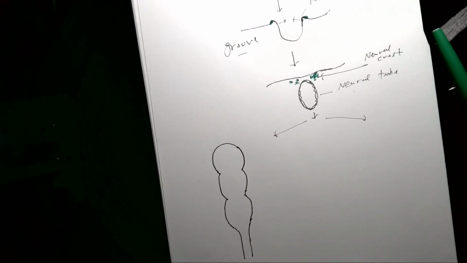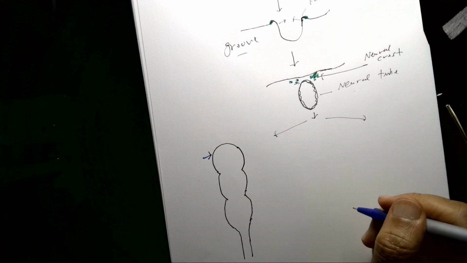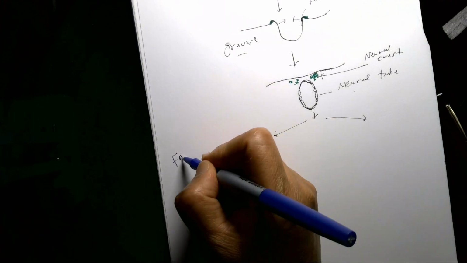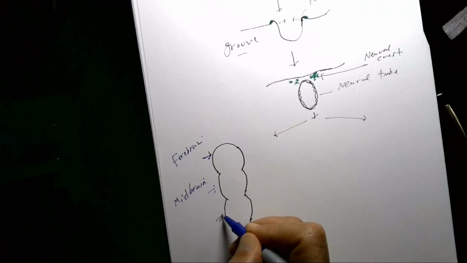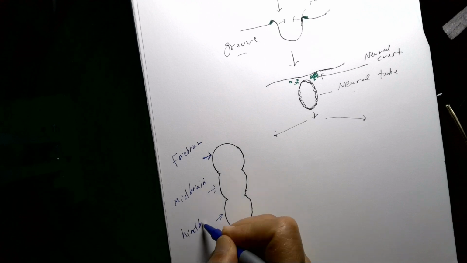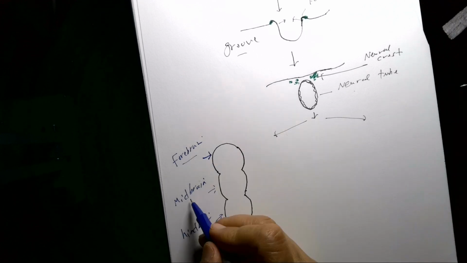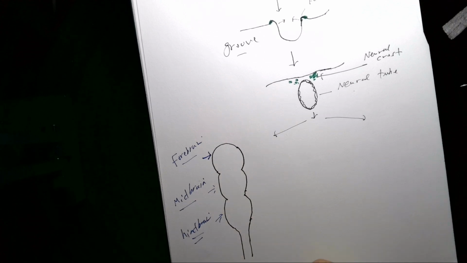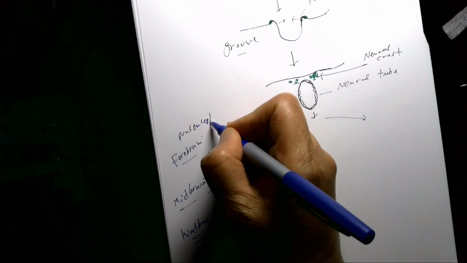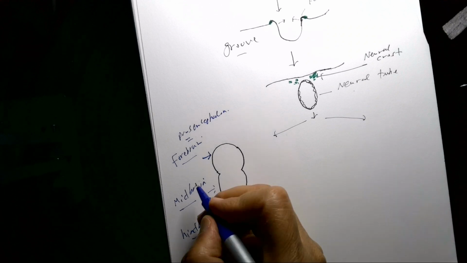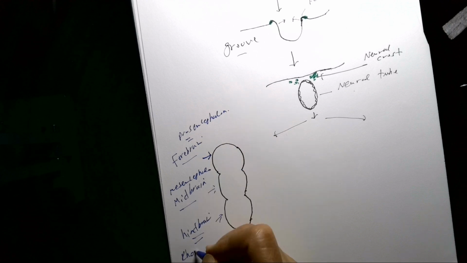So this is what we call the forebrain, midbrain, and the hindbrain, or prosencephalon, mesencephalon, and rhombencephalon.